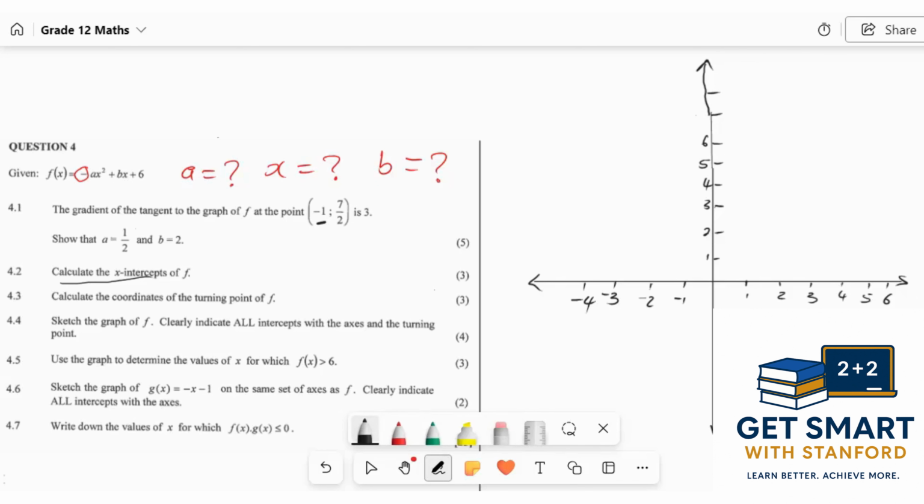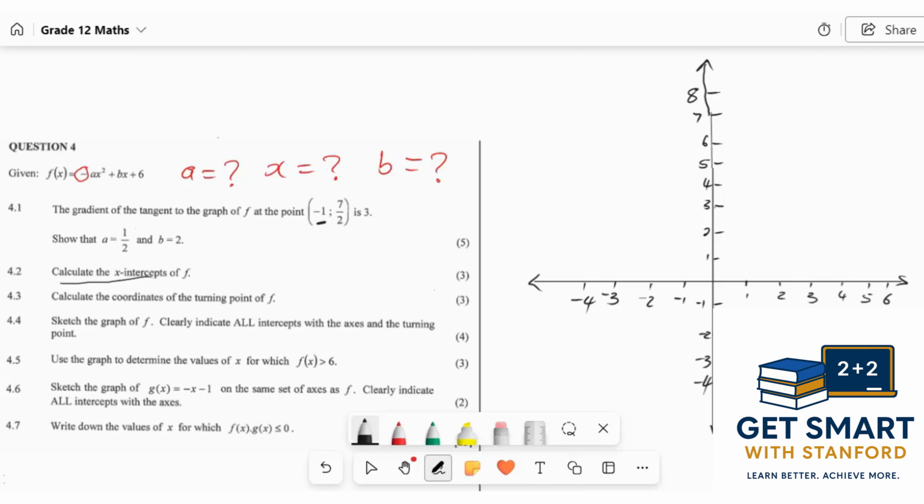I'm not using a ruler, I'm using some technology. I should have just copied a Cartesian plane and pasted it here. Here we've got minus 1, minus 2, minus 3, and minus 4. We don't necessarily need to do that. You can just draw the points that you need only. It's still fine.